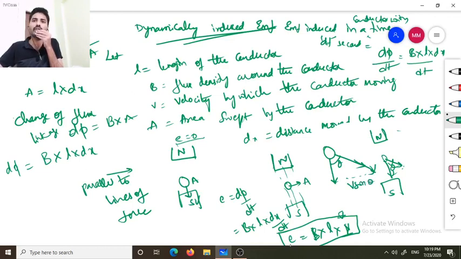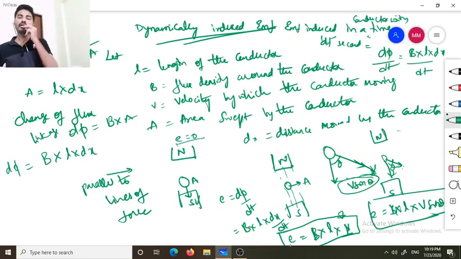At which component is the flux linkage maximum? The vertical component. So at the vertical component, the value of velocity is v sin theta.